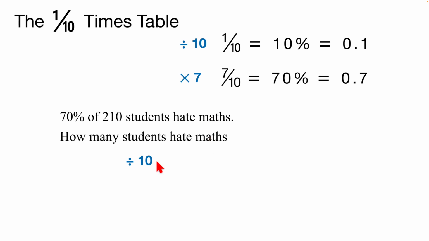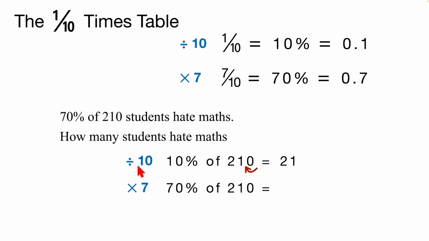I divide by 10. A tenth, or 10% of 210. Well, let's just move that imaginary decimal place, get rid of the 0 basically, and we end up with 21. But it's 70% I want. I don't want 10%, so I multiply by 7.